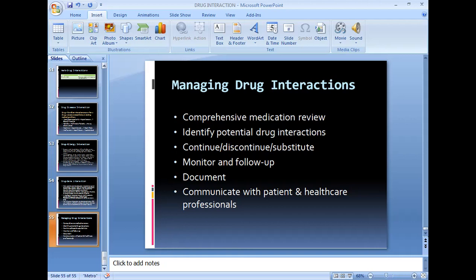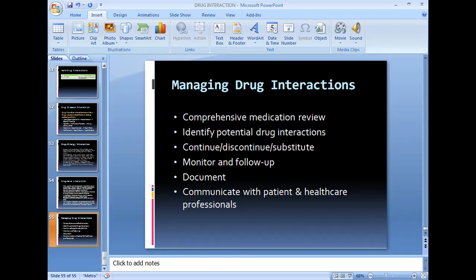Documentation. Document the effect or undesired effect if it results when multiple drugs are taken together or simultaneously, or if the drug is taken with some herbs and some unwanted effects are exhibited, so note down such effects. Communicate with the patient and healthcare professionals.